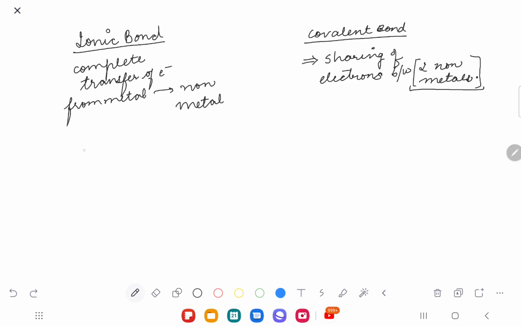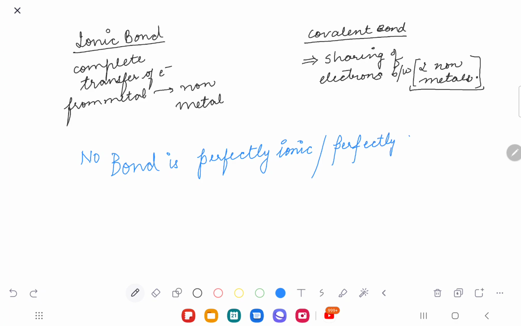But you write down a very, very important line, Mark. It says that no bond is perfectly ionic or perfectly covalent. Do you understand my point?